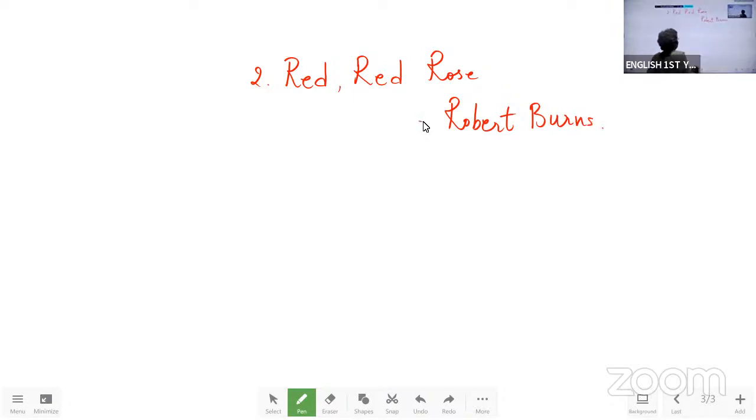Robert Burns here compares his beloved to a red rose. Everyone knows the rose, especially the red one, signifies love. But here he wants to show his deep feeling, and that's why he has stressed on the word red. He has said it twice, red, red rose.